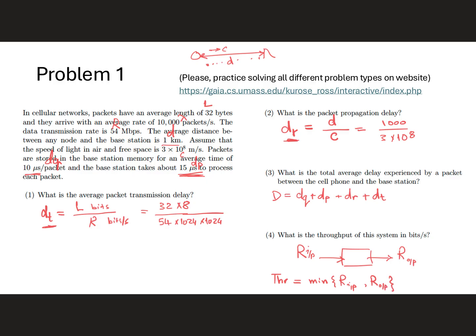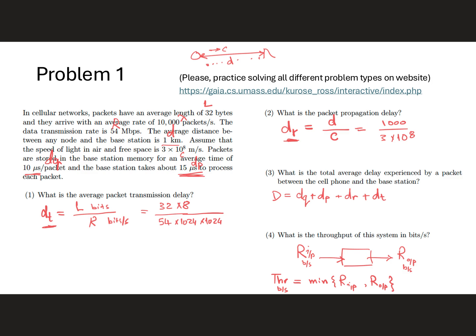Okay, which one is less? And in this case, what's the rate of input to the system? We have 10,000 packets, but we need to calculate all of this in bits per second, right? And the throughput is bits per second, okay? So we have 10,000 packets arriving per second, but each packet includes 32 times 8 bits.